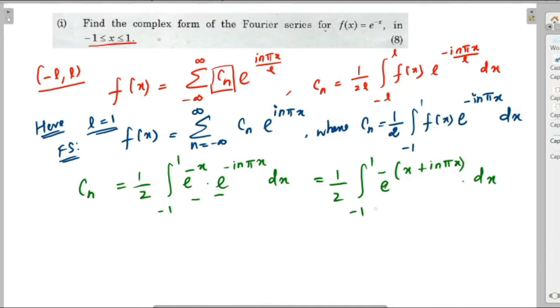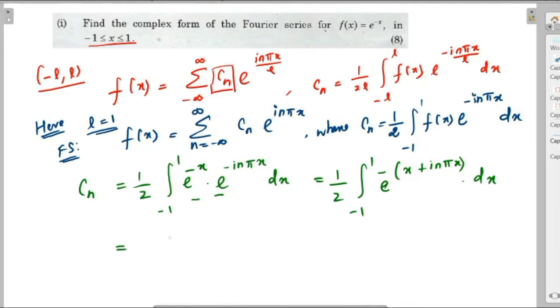But here we can't apply the even or odd property, because this exponential function is neither odd nor even, even though the upper and lower limits are numerically the same. So directly, as usual, you integrate and substitute the upper limit and lower limit, and you get some value.